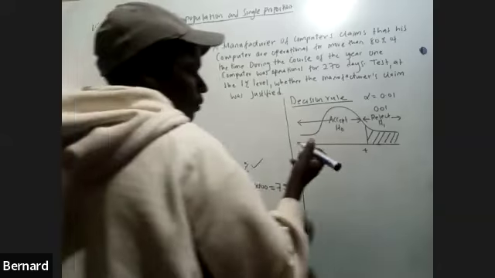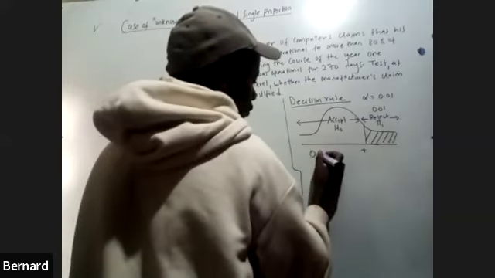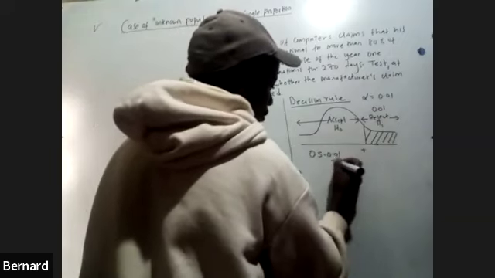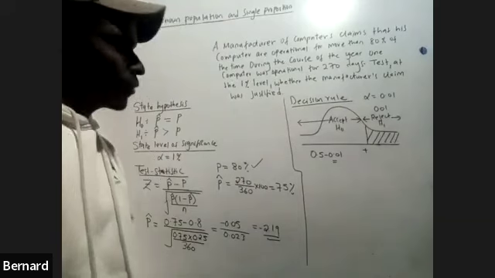So we go to the table. This is 0.5 minus 0.01. What is it? We go to the table to look for that figure.